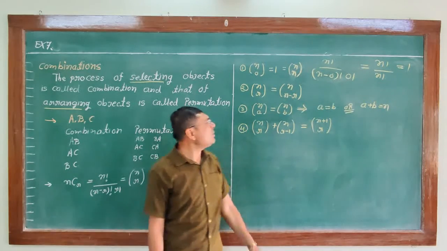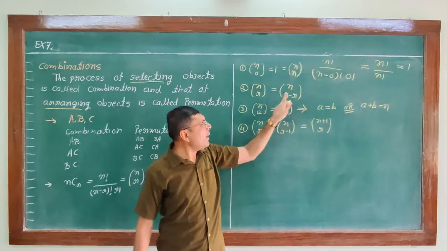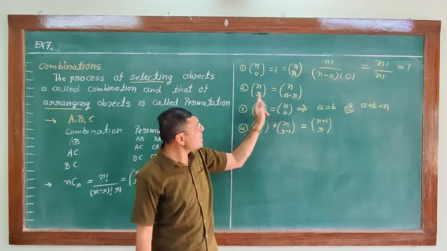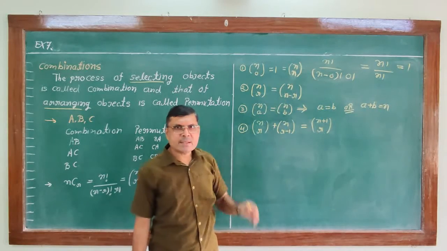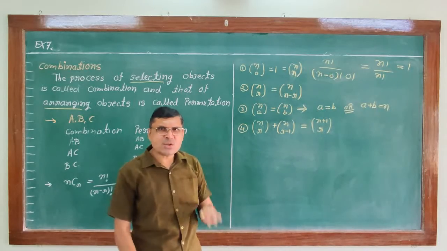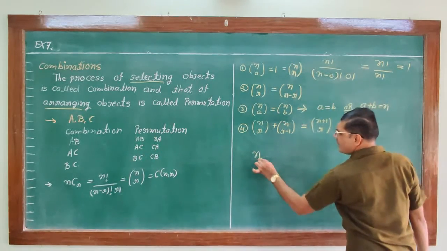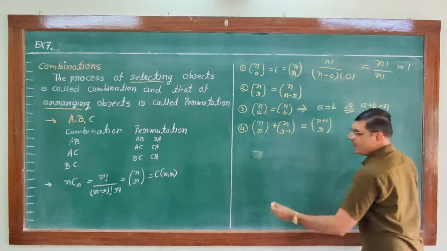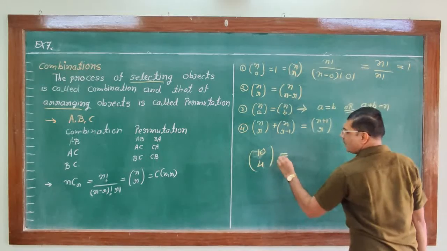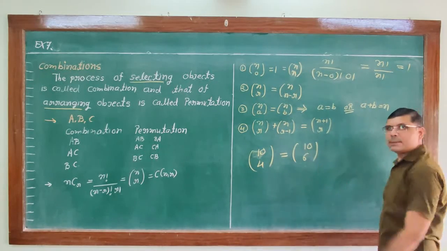Okay. Similarly, nCr is equal to nC(n minus r). What is the meaning? Meaning is this only. Say 10C4 is equal to 10C6.